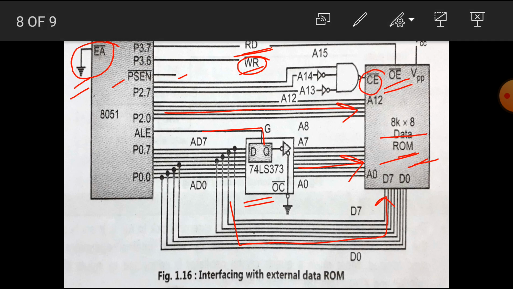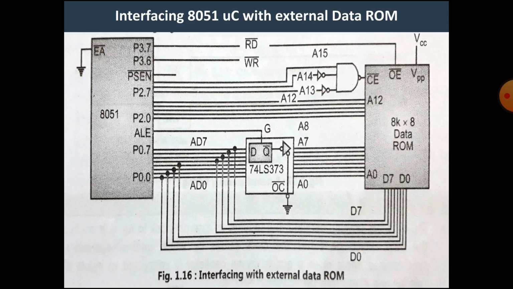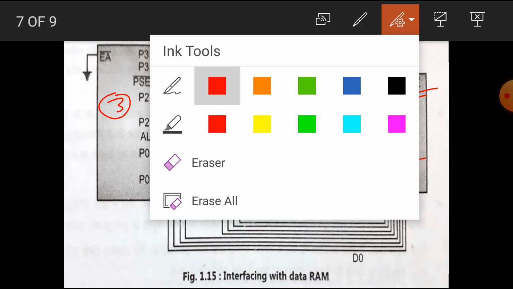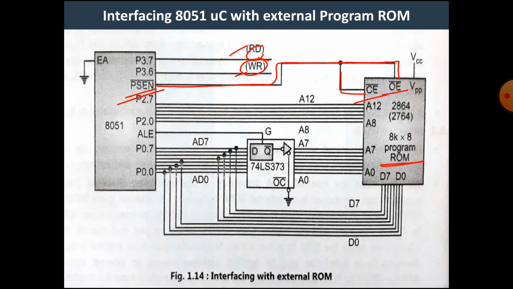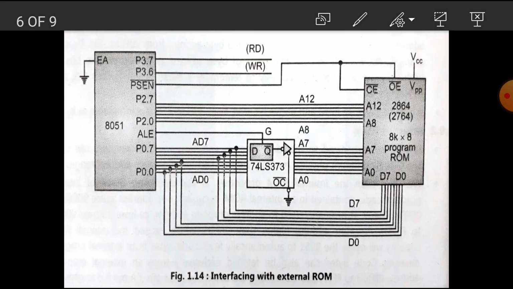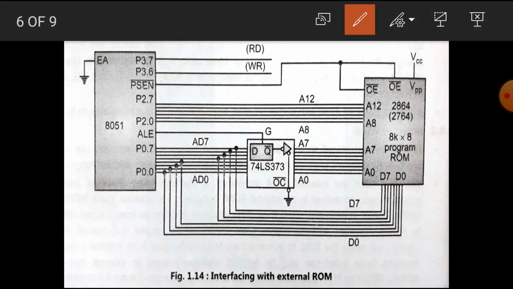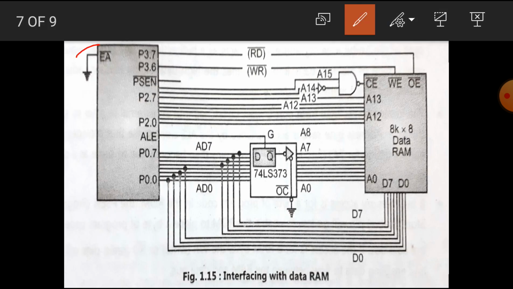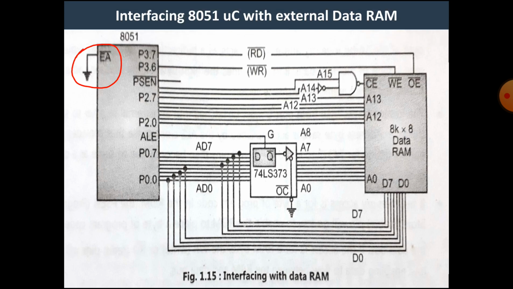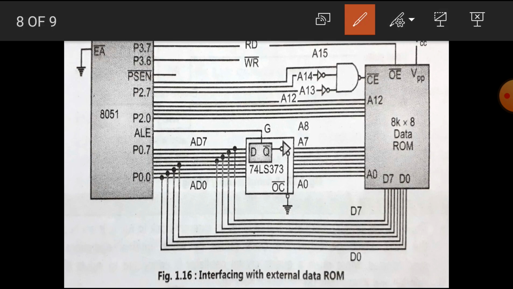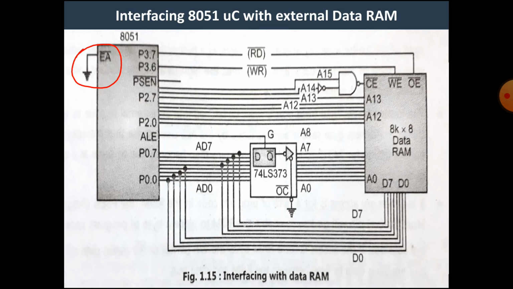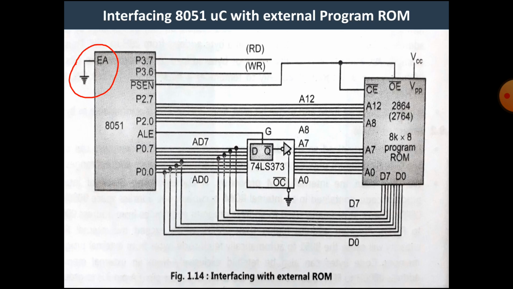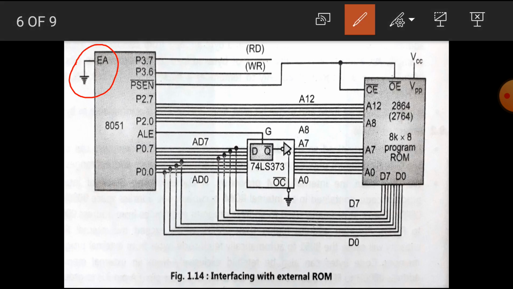That means if we look carefully at the 3 diagrams, then we can notice that in all the 3 diagrams some part is similar. That means here the EA pin is always connected to ground, in the second type, and in the third type also the EA pin is connected to ground. Now let's see, this part is also similar.